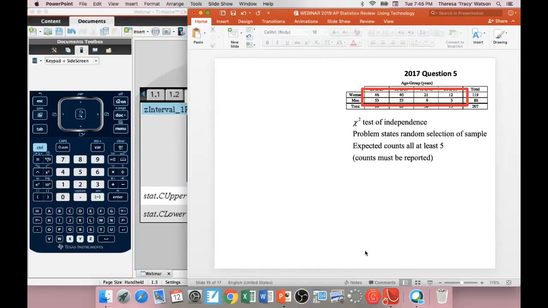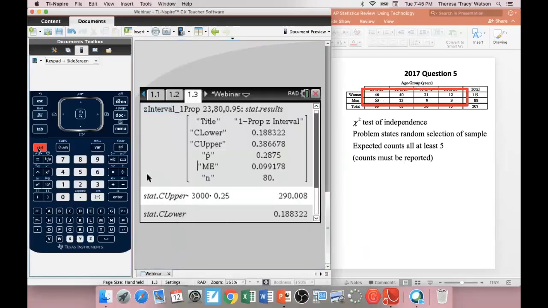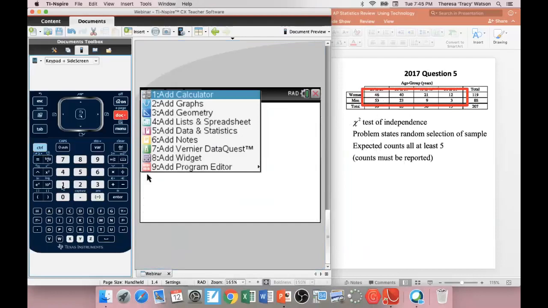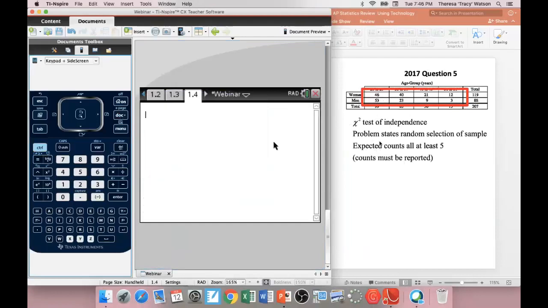And so before I even do this problem, I actually go to the calculator, because when I'm doing conditions, I don't require my students to do the expected counts by hand. I show them where it comes from, but the calculator does that for me. So I'm going to quickly add another page. When you're doing these, I have to give the calculator this two-way table information, and I do that by using a matrix.